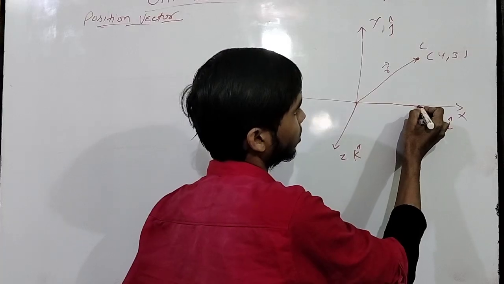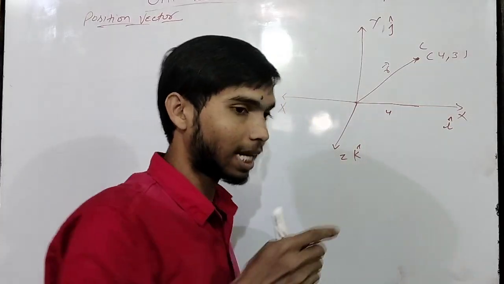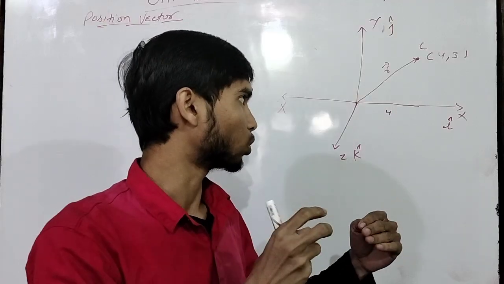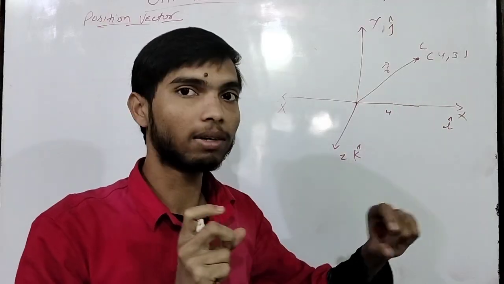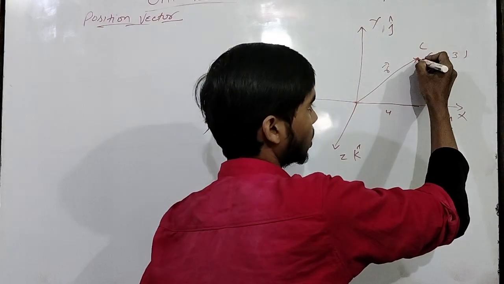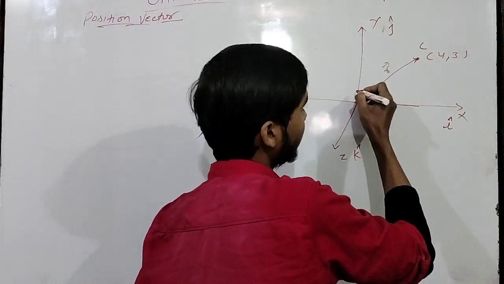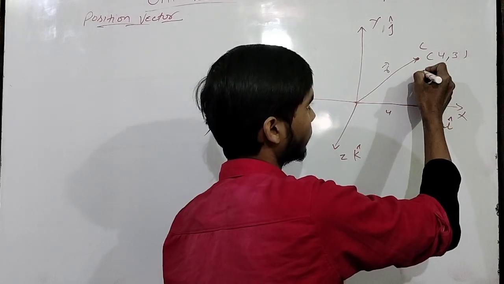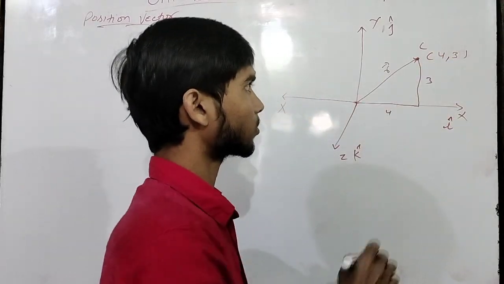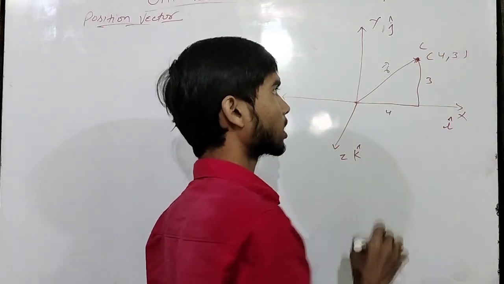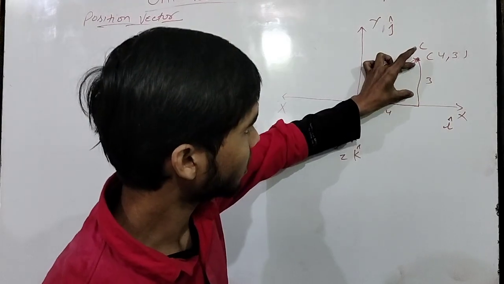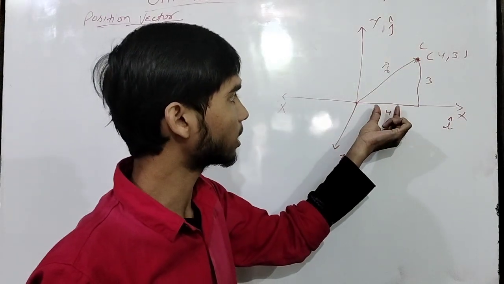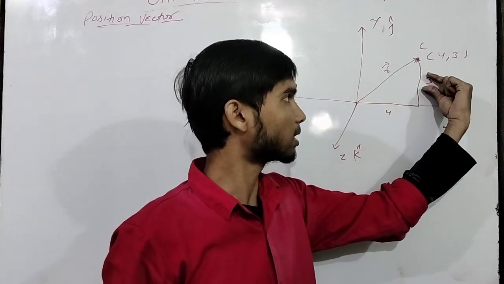This 4, in the x-axis, 4. In the x-axis, this particle covered 4 distance. And in the y-axis, in j cap, you would say 3. So this is y and this is x. In other words, this is i cap and this is j cap.